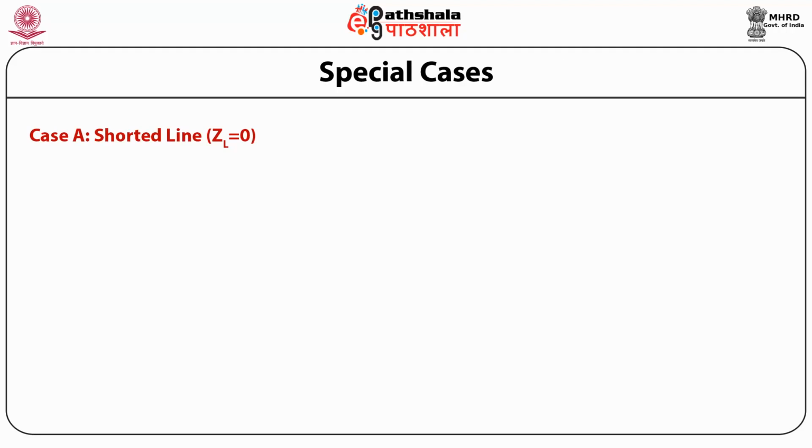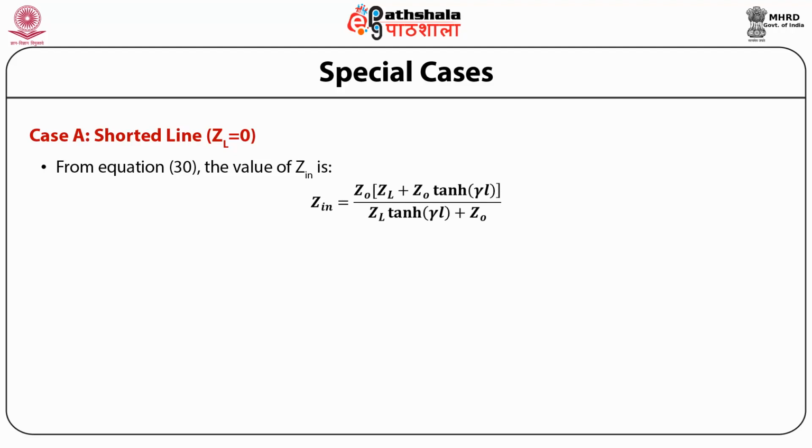The first case is that of a shorted line, ZL equal to 0. Now here, the value of the input impedance Zin becomes Zin equal to Z0 multiplied by ZL plus Z0 tanh of gamma L, divided by ZL tanh of gamma L plus Z0. So for a lossless line, gamma equal to J beta and alpha equal to 0.